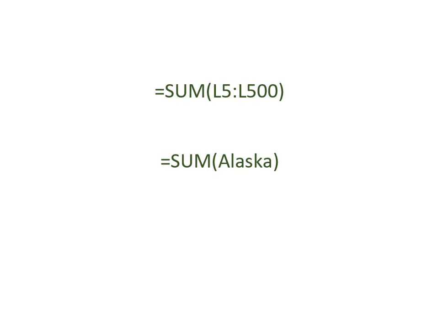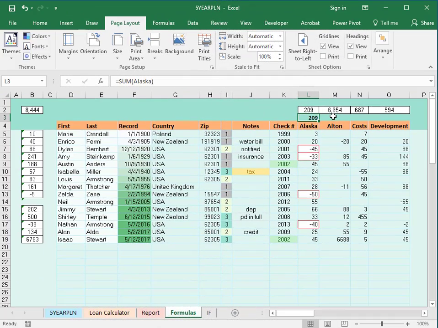And all of the cells in between, it will sum. Below that is sum, and then everything with the designated name Alaska, which has the same range. In a little while, we're going to do the same thing over here with equals sum Alton, equals sum cost, equals sum development. And it's very easy to put those formulas together.